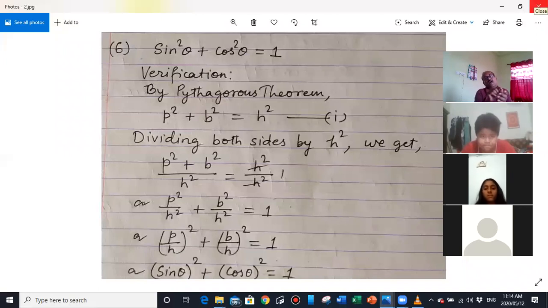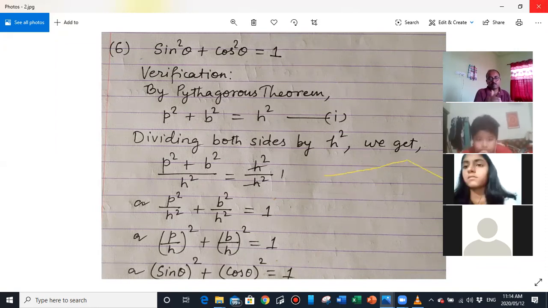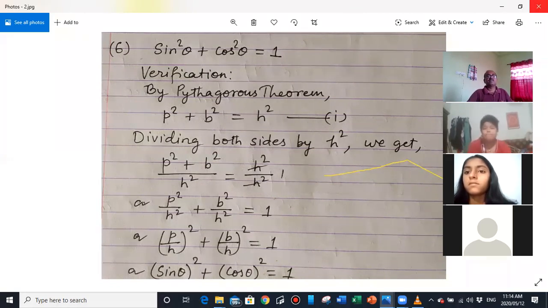And now another formula. It is with a square. This formula I have written in the beginning, and how it became that, the verification is explained later. What is the formula? Sin square theta plus cos square theta equals 1. Let us verify this.